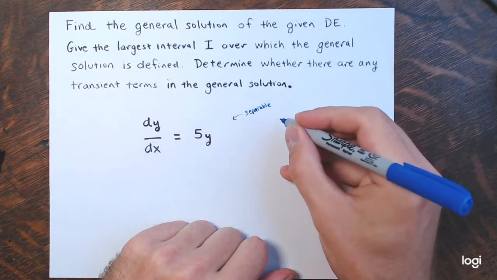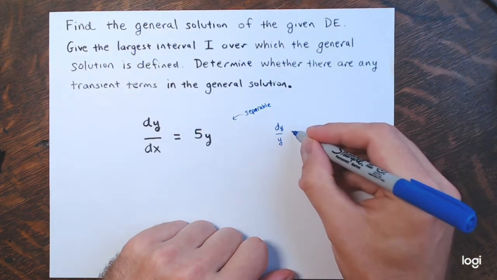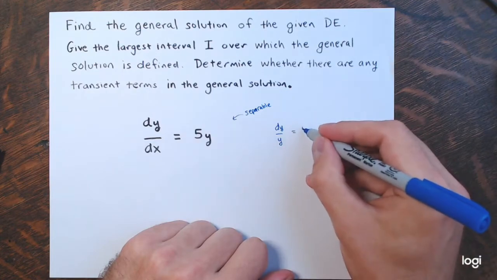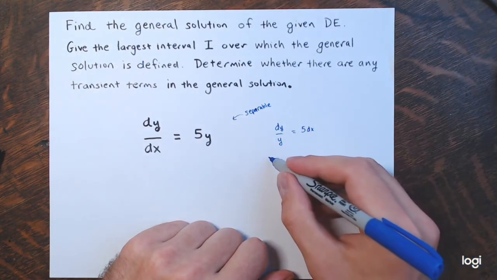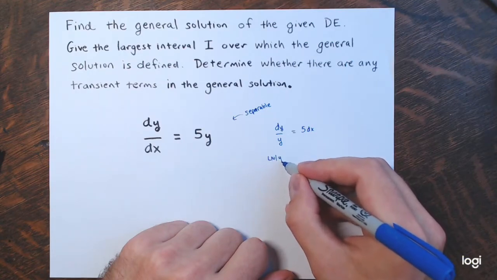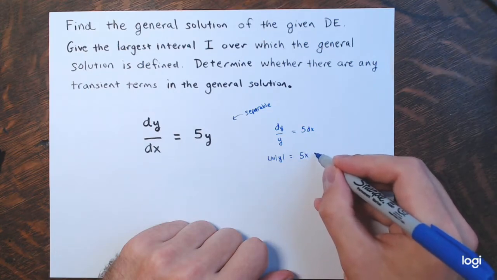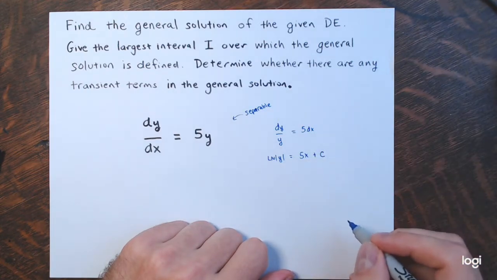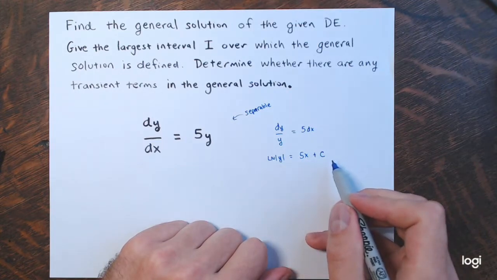We can get the y's on one side, dy over y, and the x on the other, equals 5 dx. Integrate, we have the natural log of the absolute value of y equals 5x, plus some constant. Now this is an implicit solution, a family of solutions.